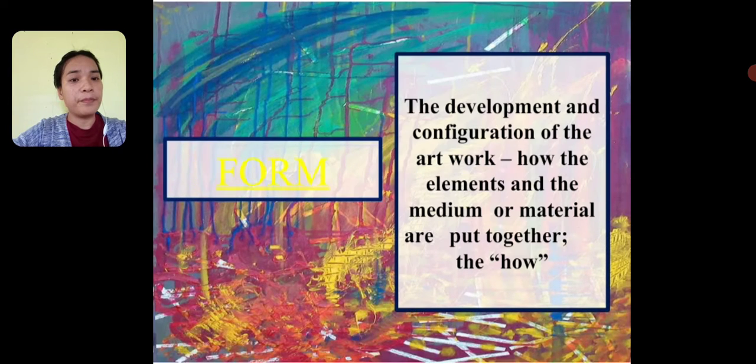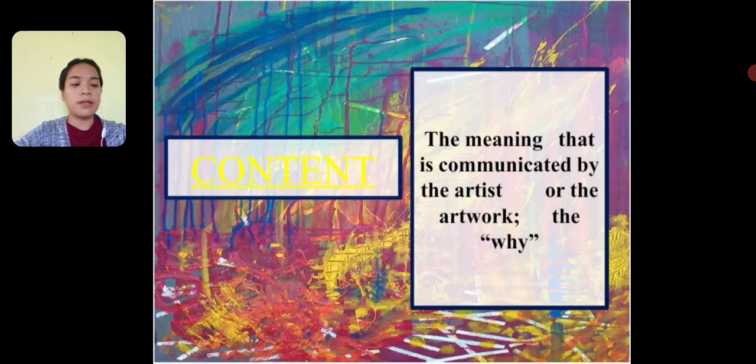Form is the how of the development of the work, its composition or substantiation. And the content is the why: the artist's intention, communication, or meaning behind the work.